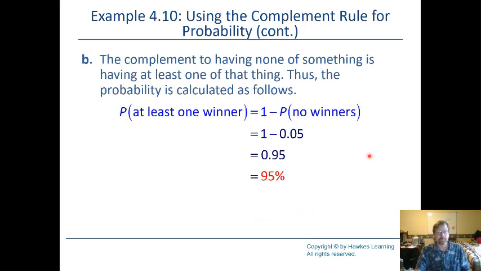Okay, let me rephrase that. The probability that we want, the probability that there's at least one winner, is going to be 1 minus its complement, the probability that there are no winners. 1 minus 0.05, that's 5%, is 0.95, which is 95%.